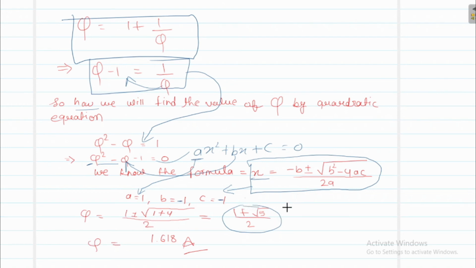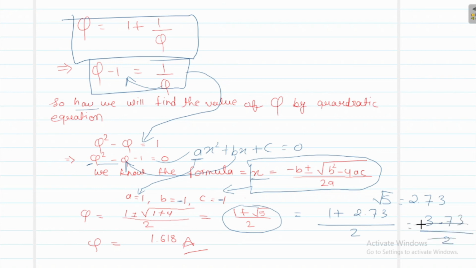So when we solve it, it is equal to 1 plus, and the root 5 value is about 2.73, upon 2, which is equal to 3.73 upon 2.